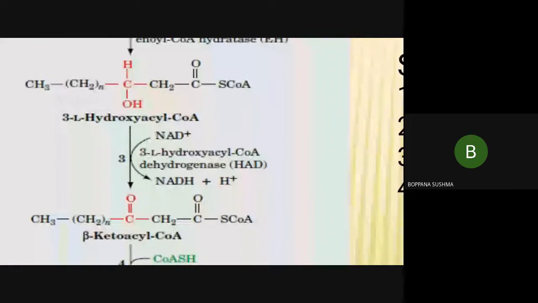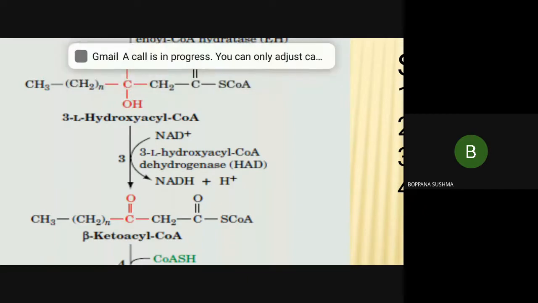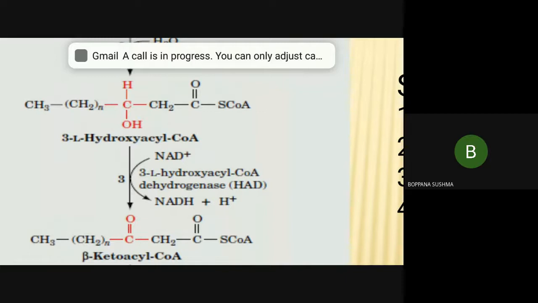So what happened in this oxidation? Oxidation means what? Addition of oxygen or removal of hydrogen. Here, hydrogens are removed. See, in the second position, CHOH is there.